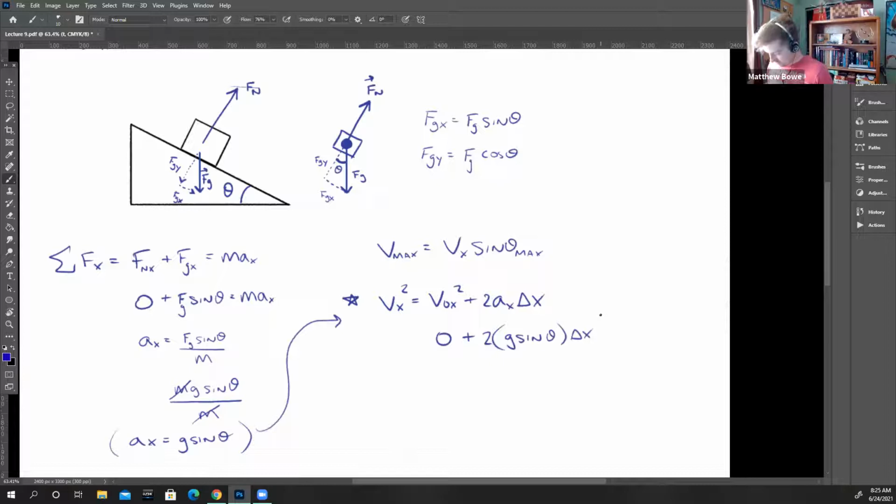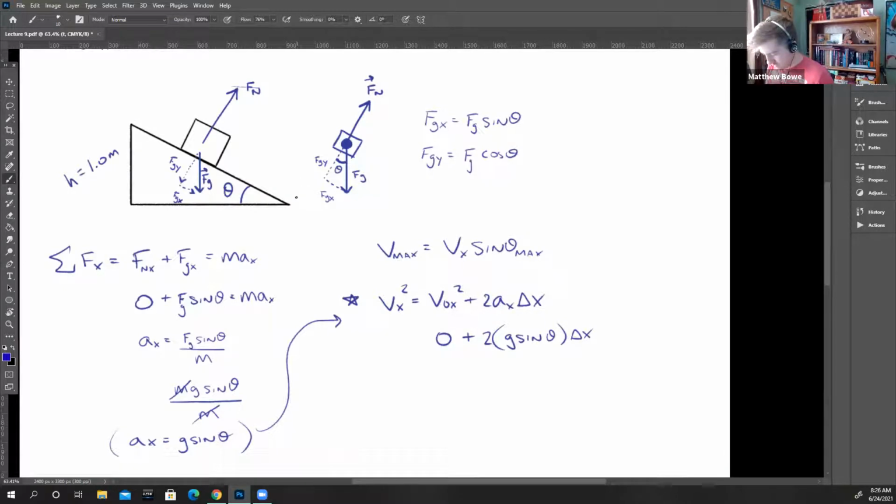And it's right here where we see that we have a sort of issue. We know that the height of the ramp, h over here, was 1 meter. We don't know really how far it goes as it slides down the ramp.